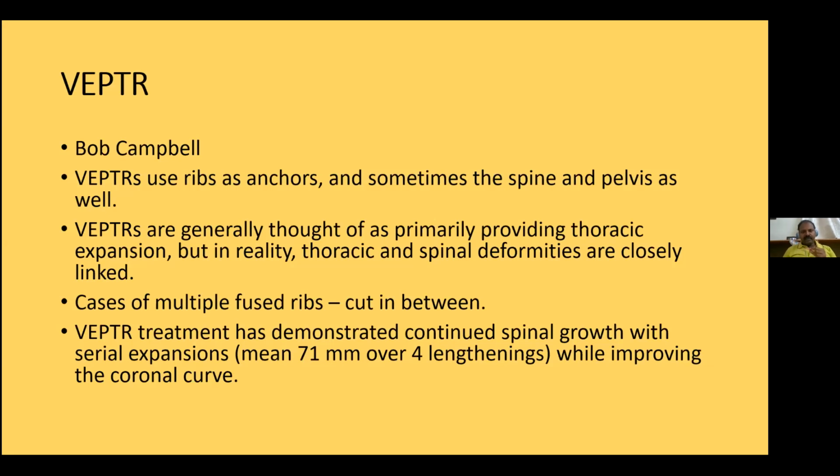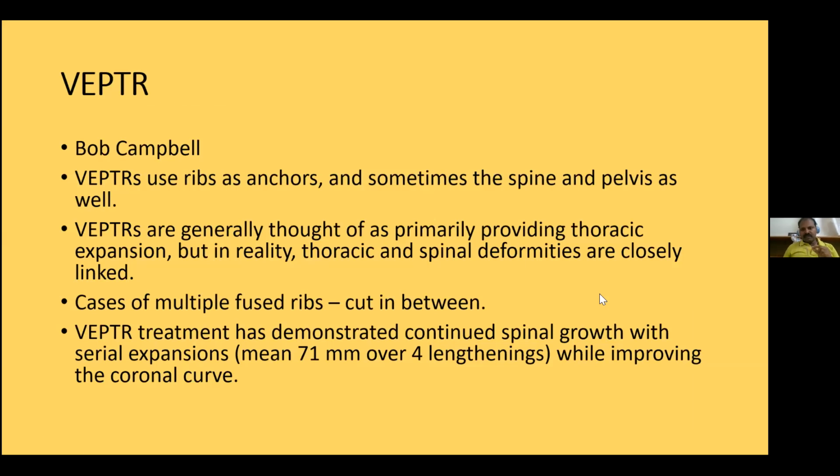This is particularly useful if you have fused ribs in the case of congenital varieties, where you cut in between the ribs and distract it. So vectors also have shown good results depending on the technique and how you use it.